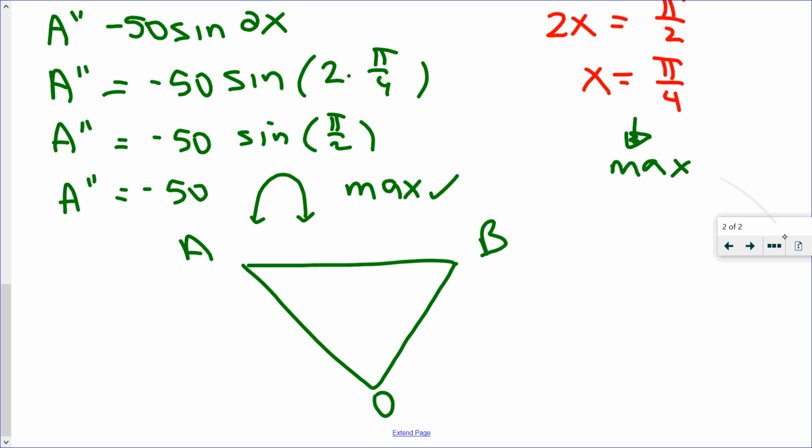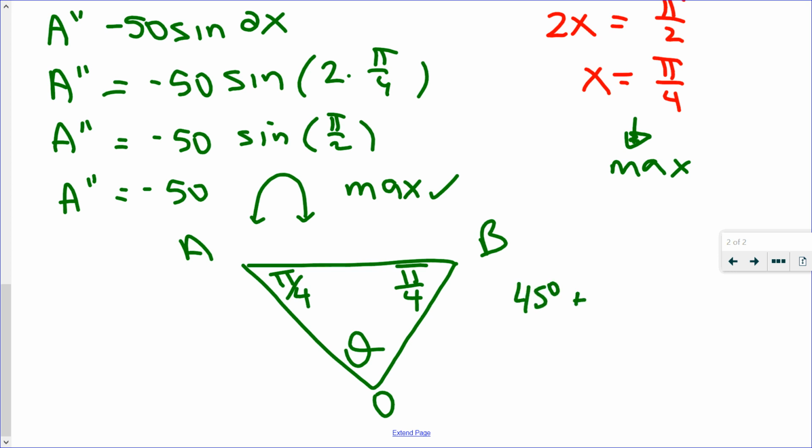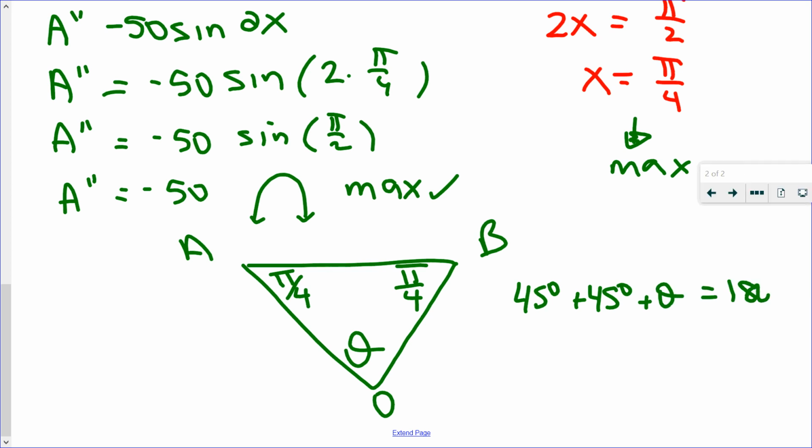So what we just found, we had AOB. We just found out that this angle is pi over 4, and because it's an isosceles triangle, this is also pi over 4, but this is the angle that I really wanted. Now remember, angles in a triangle add up to 180 degrees. So pi over 4, which is really 45 degrees, plus 45 degrees, so 45 plus 45 plus theta is equal to 180.